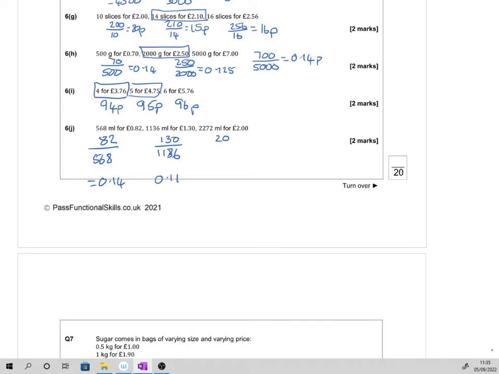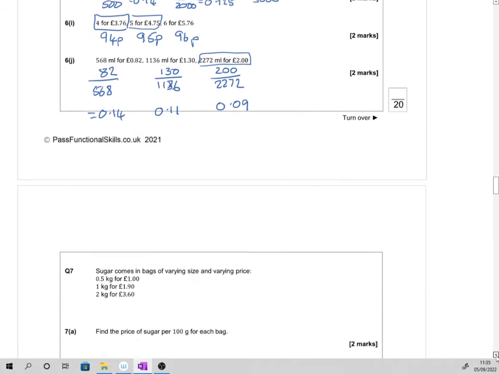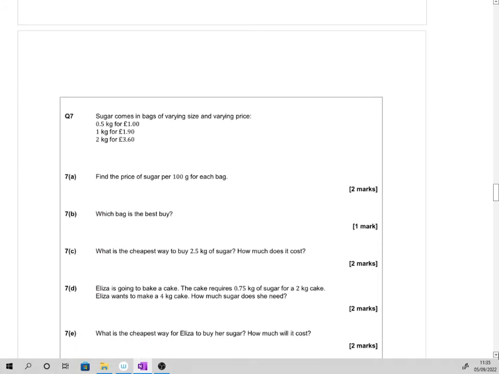And 200 divided by 2272 is 0.09. So that's the cheapest. Right, these are getting difficult, yeah?